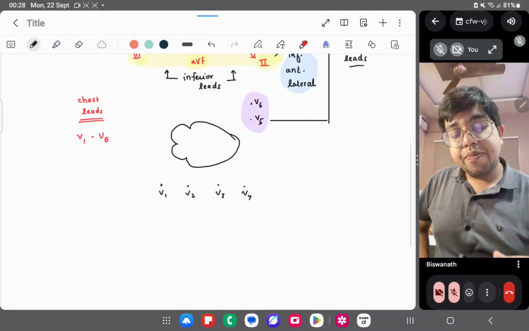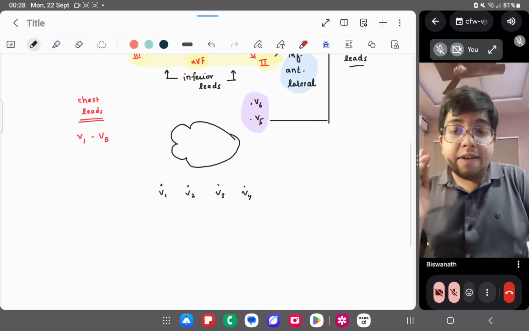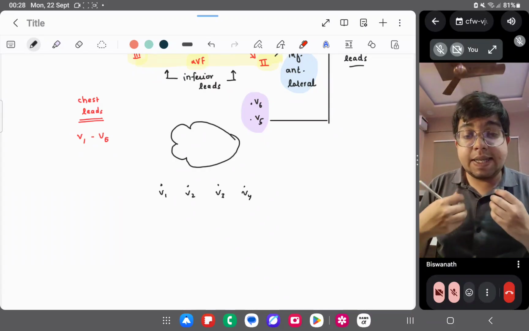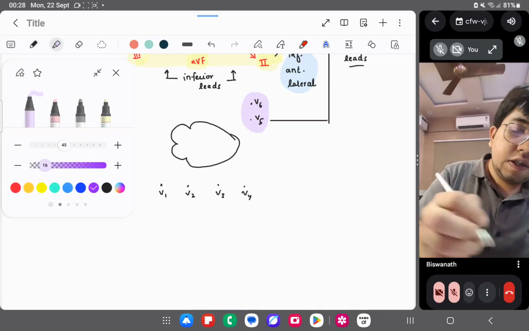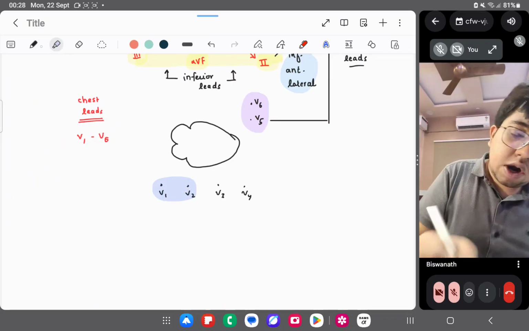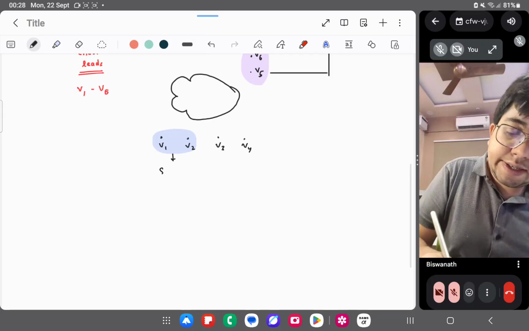This V1 and V2 are basically cameras to visualize the septum of the heart. So V1 and V2 are called your septal leads.